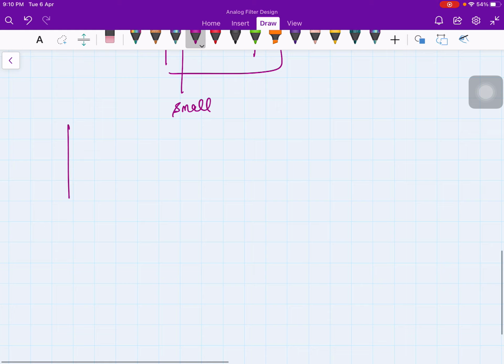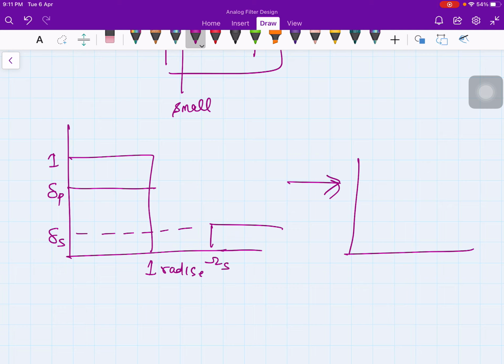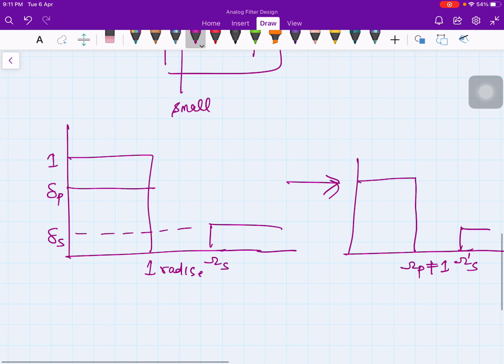Okay, so originally your low pass filter is like this. This is 1 radian per second, right? This you are transforming to omega s. This is delta s, delta p 1. You transformed into, and this is omega p. This omega p is not equal to 1, and this is omega s prime. Let me call omega s prime. And rest of the things are same.